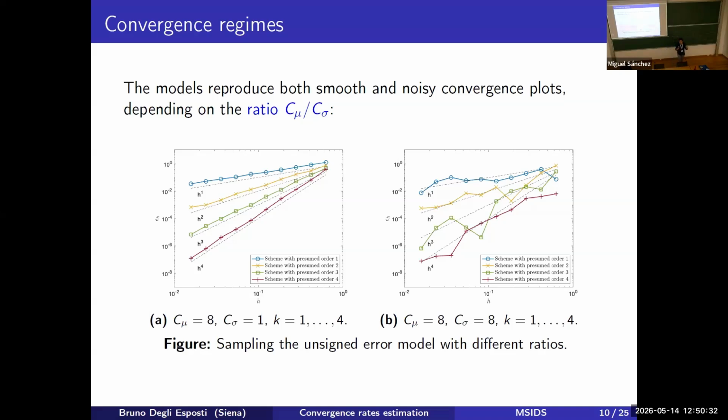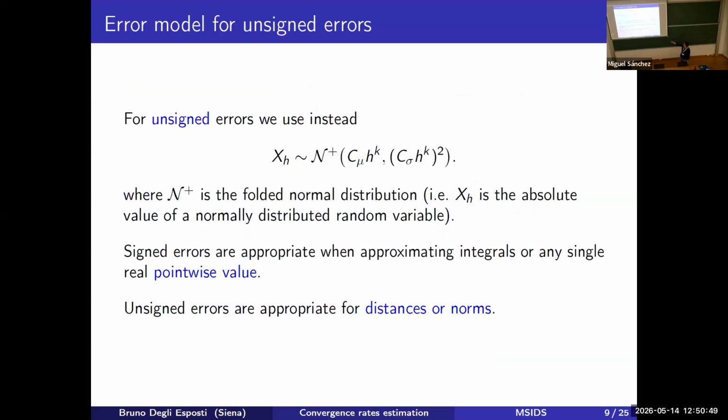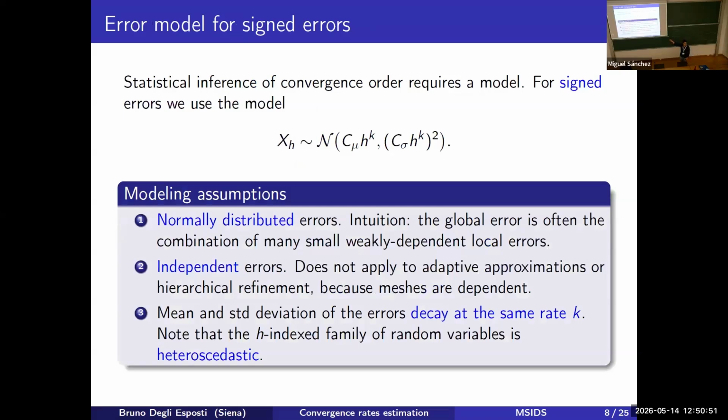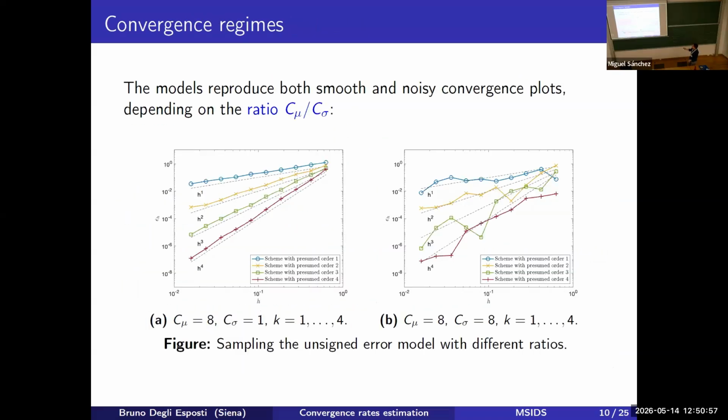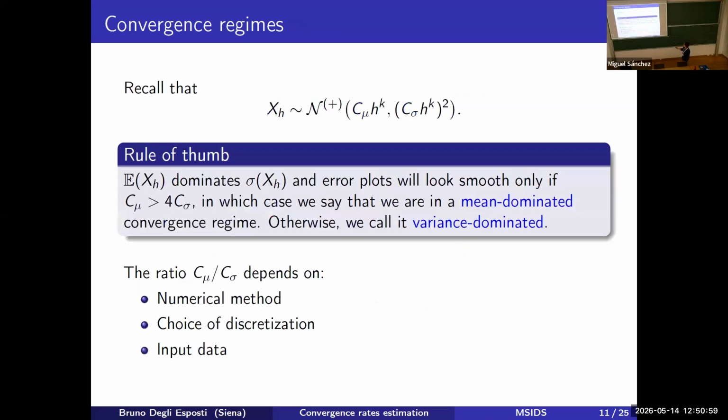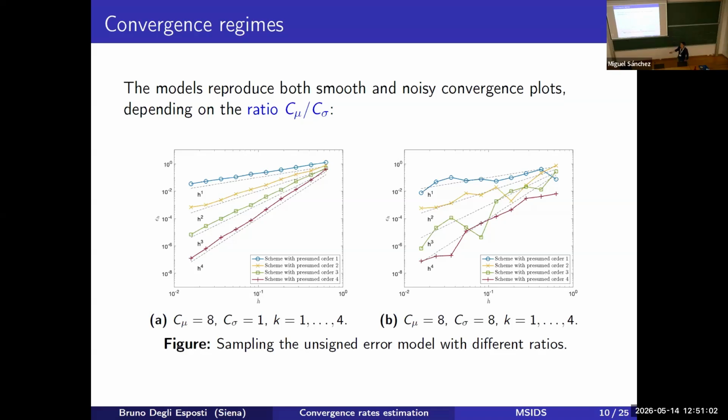So C mu is larger than C sigma, and we get this smooth convergence behavior. But with C mu equal to C sigma, we get this erratic convergence behavior, but it's still h to the k convergent. Clearly, this is converging with rate k, right? So it's not that the method has lower order or there's anything wrong with the method. It's just a different value of the ratio C mu over C sigma.